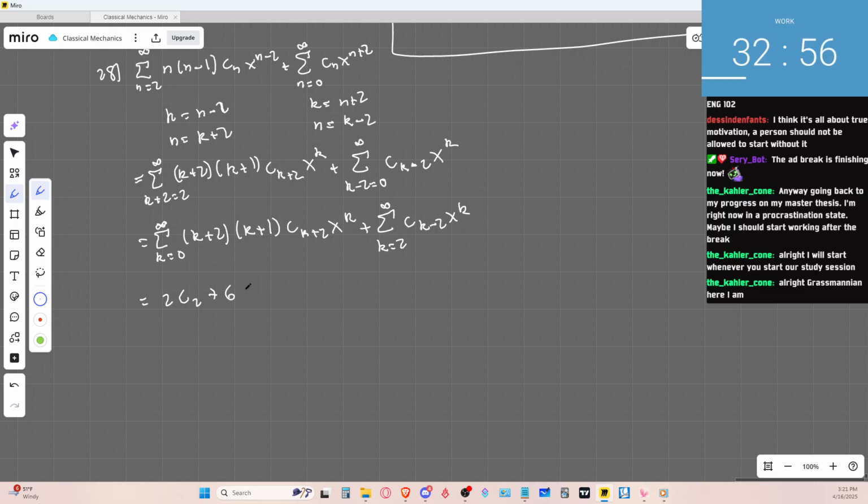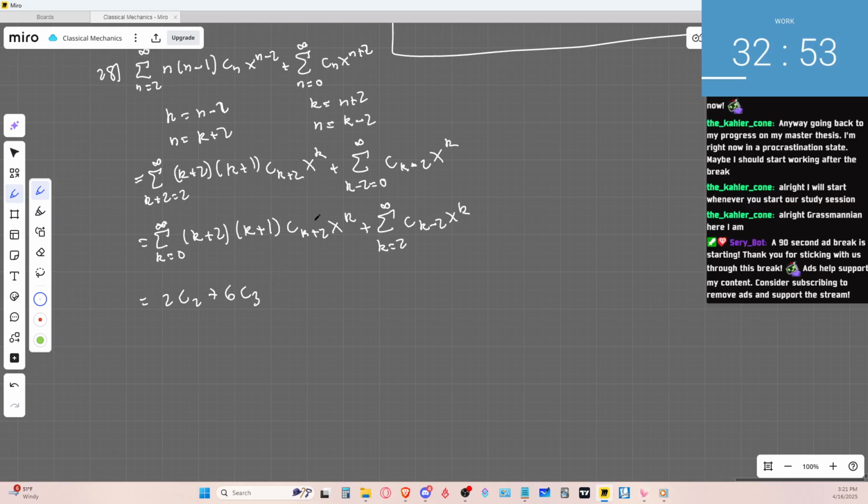And then 1, so c3, and then basically x. And then now we can have this k2 and then ck, oops, k, and now we can do the combining part.